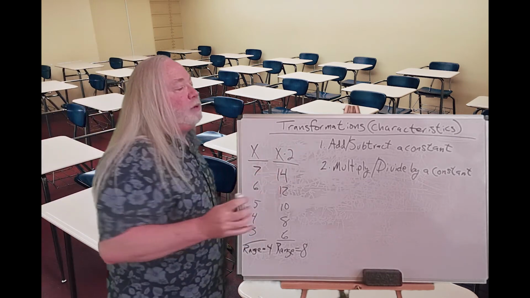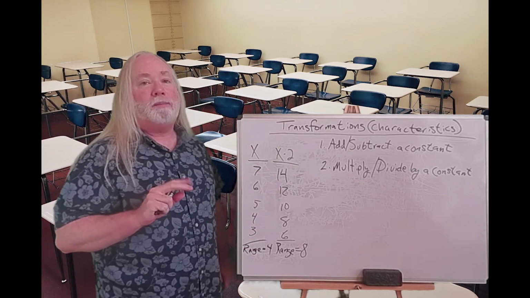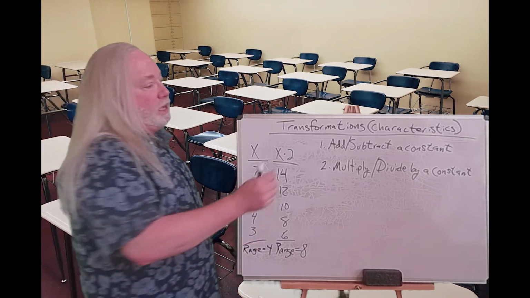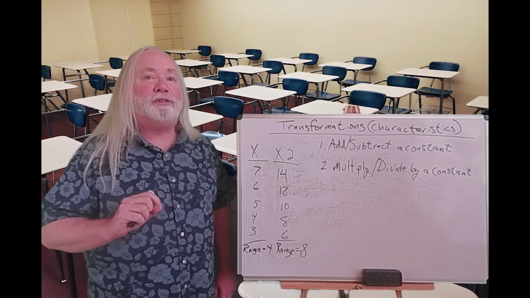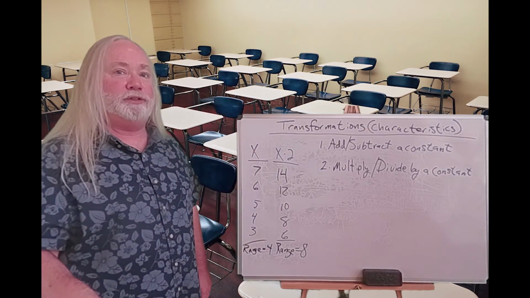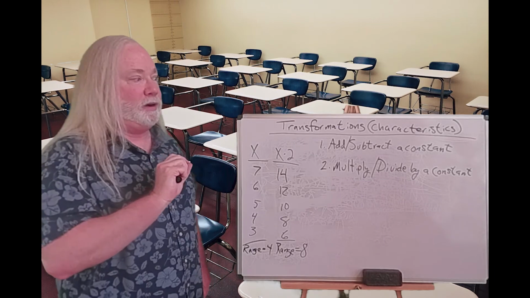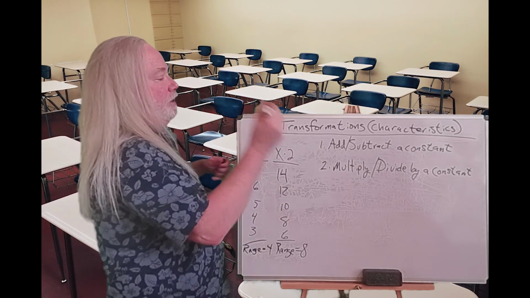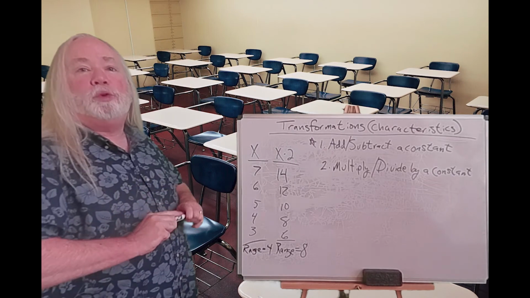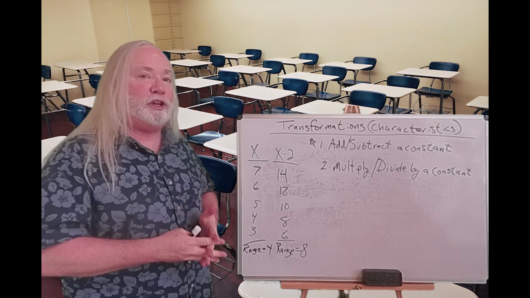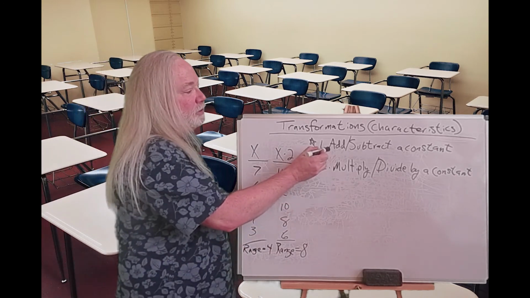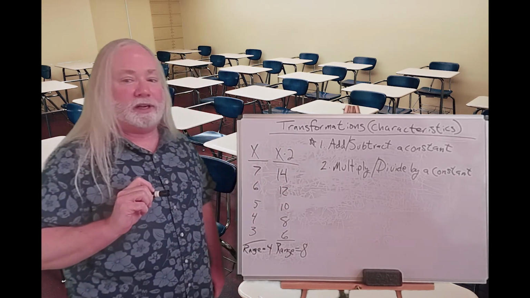So if you add or subtract a constant to every raw score, the mean changes, but variability does not. If you multiply or divide every score by a constant, the mean changes and variability changes. So there's just one little exception to this pattern, which is this one right here. That's the exception to the rule, if you will. So the general rule is whatever you do to every score affects the mean and variability, except variability if we're adding or subtracting the constant.